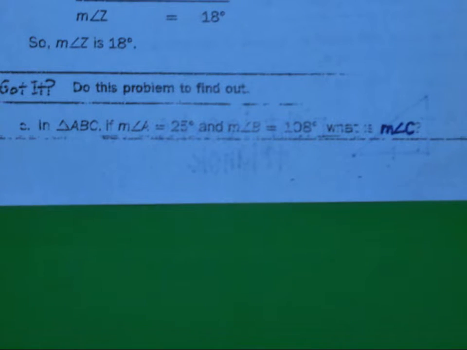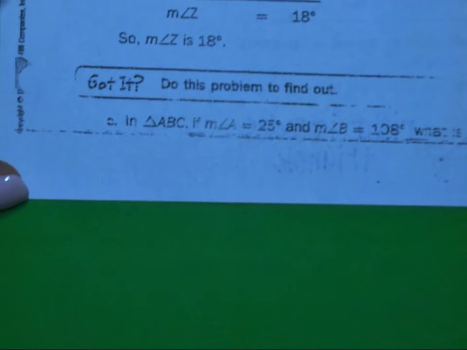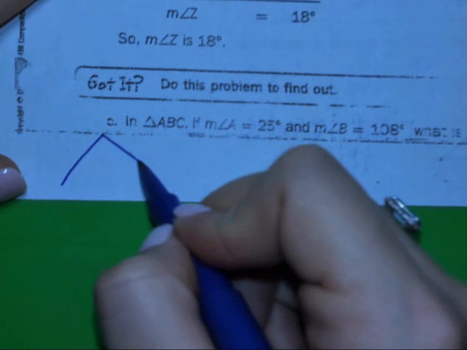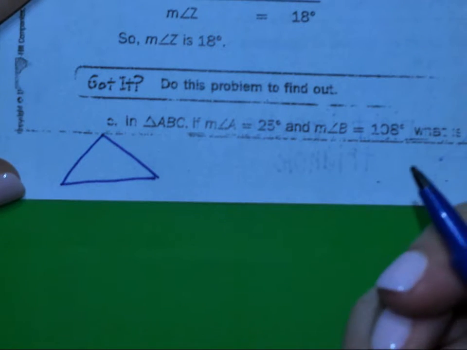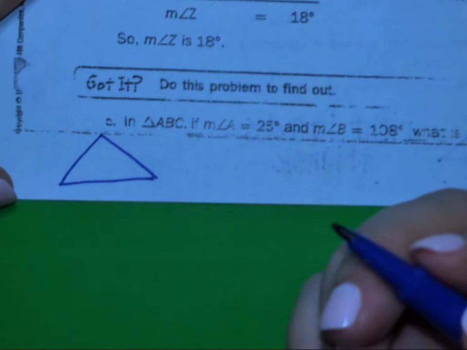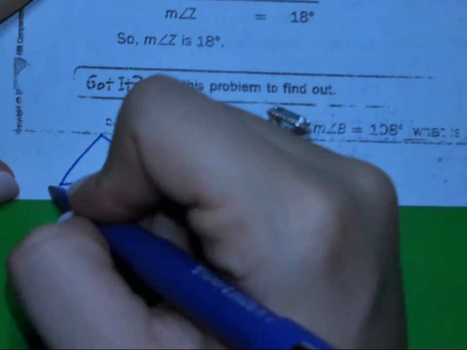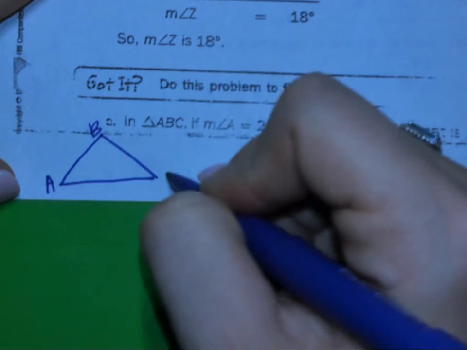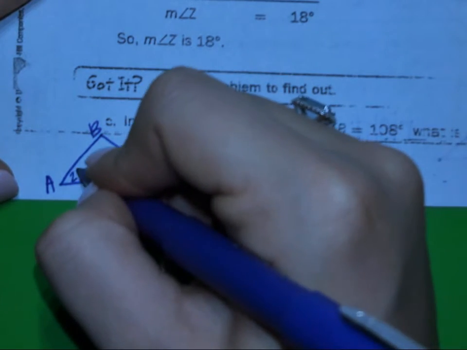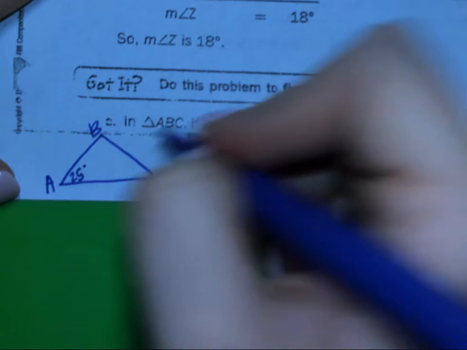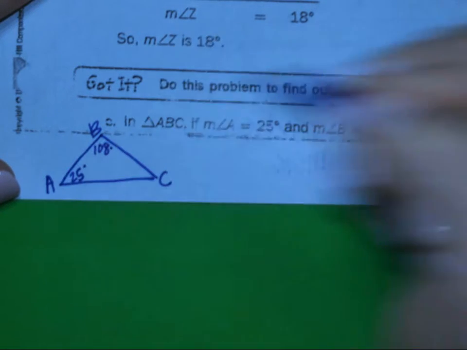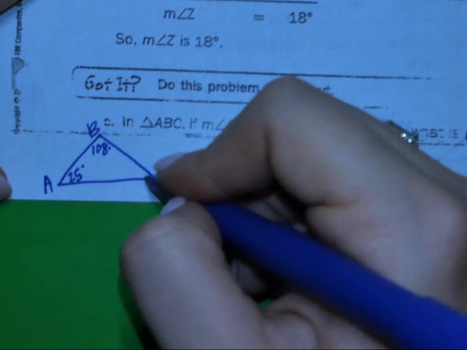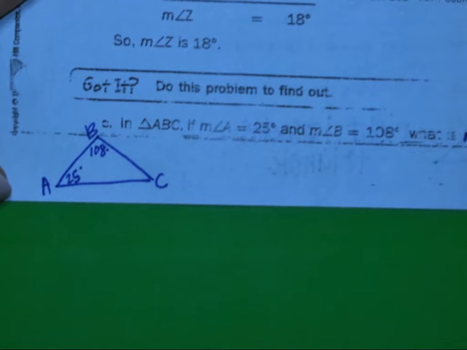If you need to, you can draw a picture, but you don't have to. But if you want to, we could go ahead and draw our triangle. Doesn't really matter what it looks like because they didn't tell us about sides. Measure of angle A is 25 degrees. Measure of angle B is 108 degrees. And then measure of angle C is what we were trying to find. Can y'all see that?